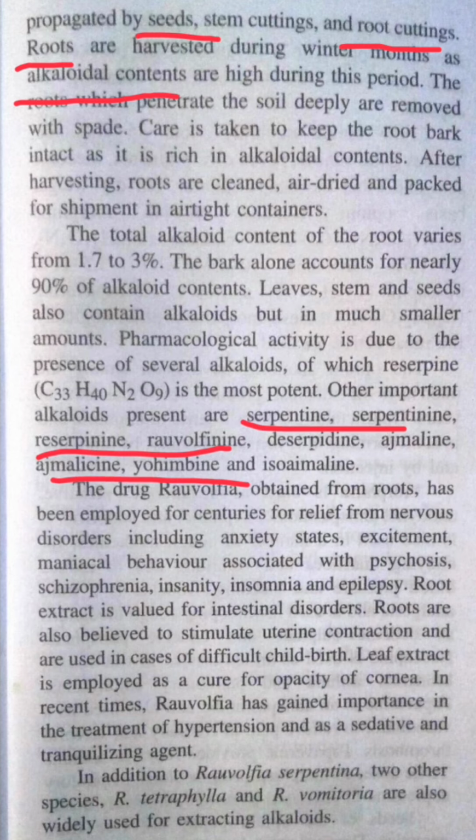The roots which penetrate the soil deeply are removed with a spade, and care is taken to keep the root bark intact, because the root bark is also very rich in these alkaloids, these nitrogenous compounds. After harvesting, the roots are cleaned, air dried and packed for shipment in airtight containers.